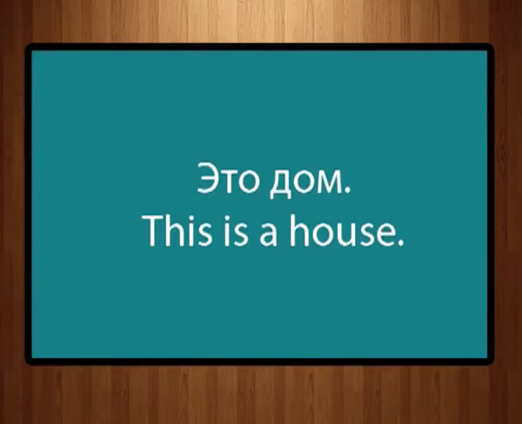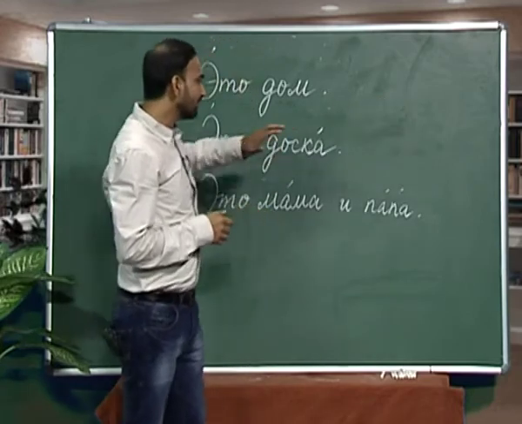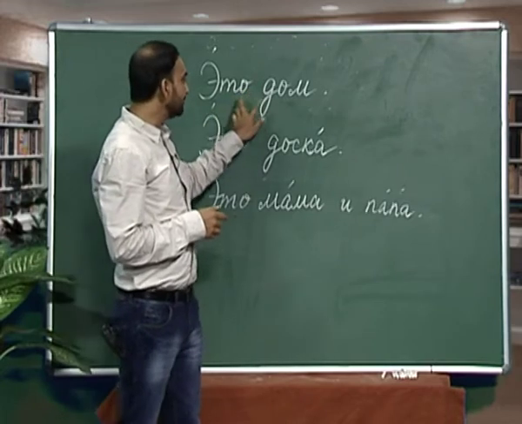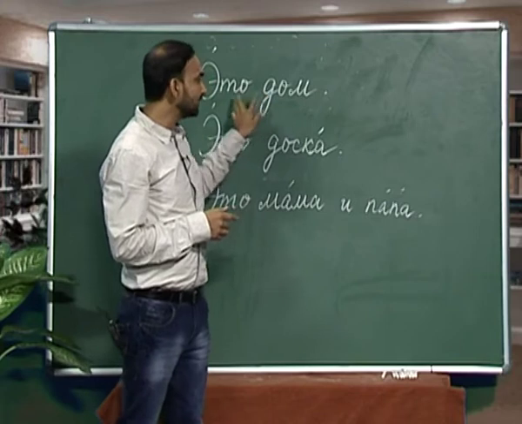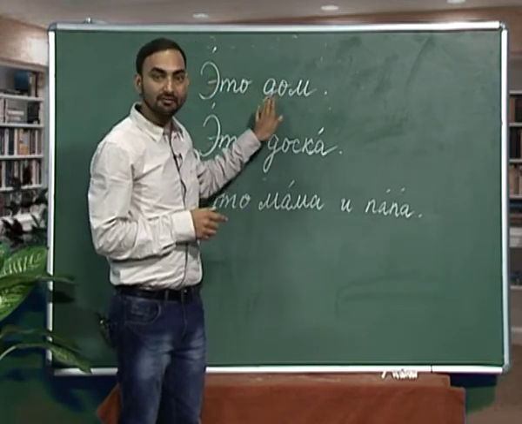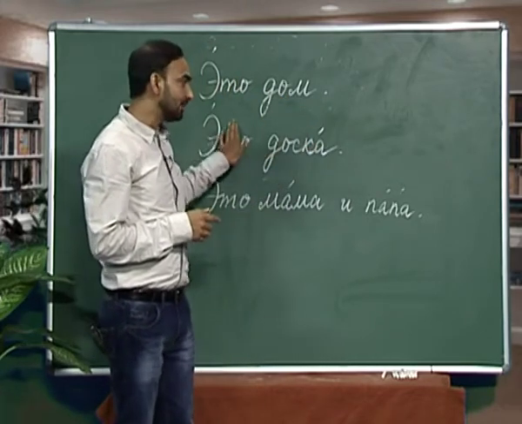It means this is a house. As you can see, we have not used any link verb between these two components of the sentence. In Russian, we do not use any link verb in the present tense. That you have to remember.